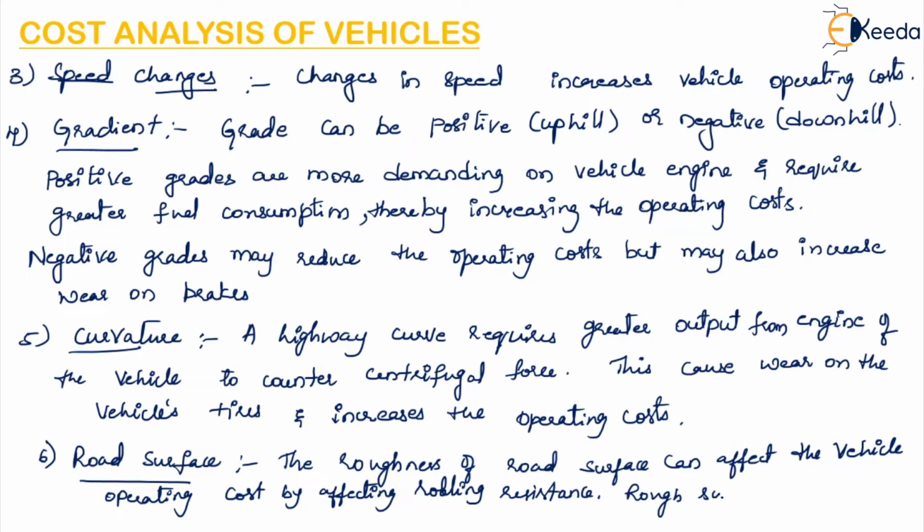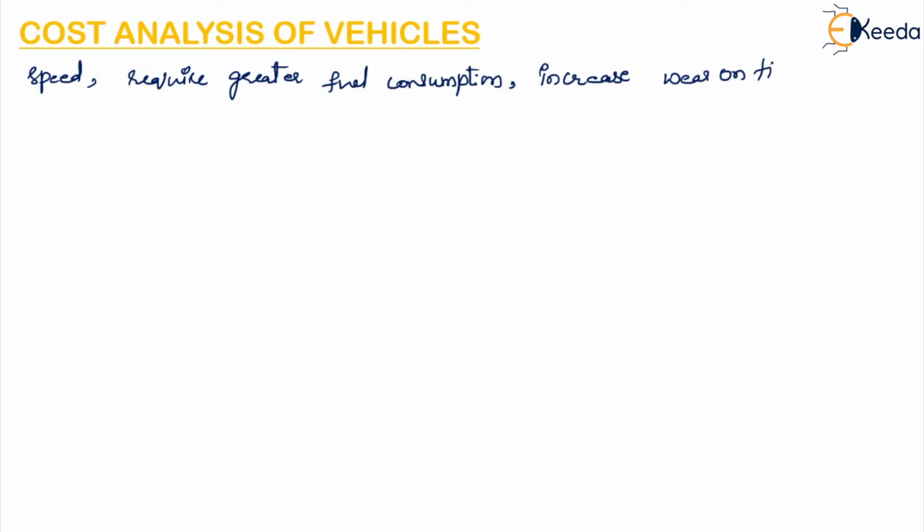So rough surfaces can reduce speed, require greater fuel consumption, increase wear on tires, and increase maintenance cost. So that is nothing but if the surfaces are rough, then the operating costs will increase.